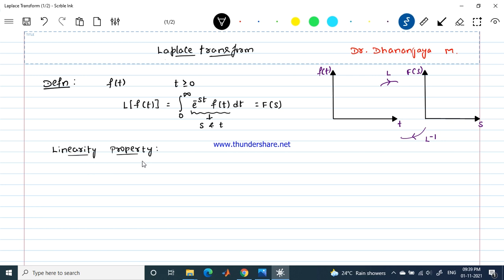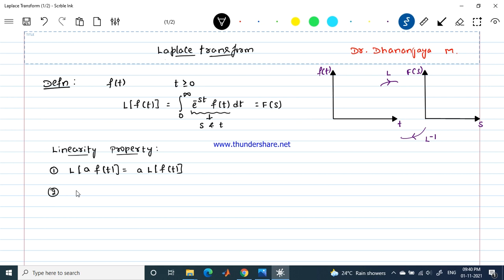Linearity property of Laplace transform. It speaks about two things. Point number one, Laplace of constant into f of t can be written as constant into Laplace of f of t. That is, constant can be taken outside the Laplace operator.